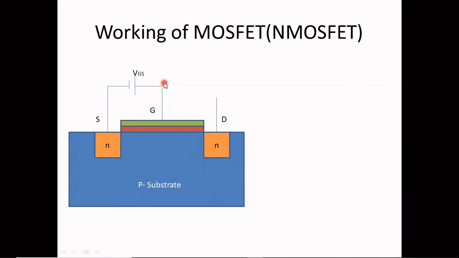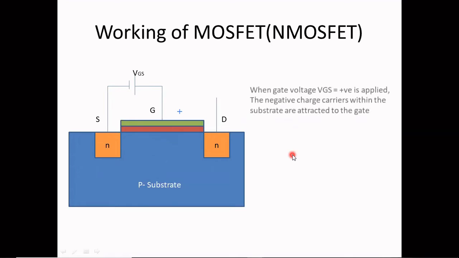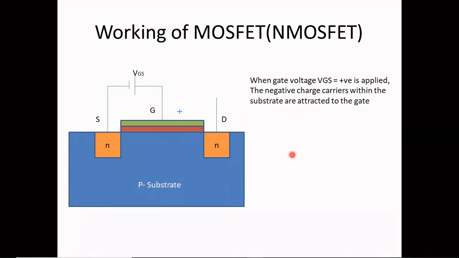Because of the positive voltage applied at the gate terminal, some amount of electrons will get attracted towards the gate. These negative charge carriers, the minority charge carriers present in the substrate, will get attracted towards the gate.